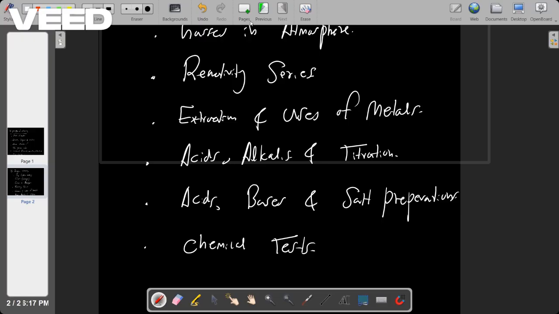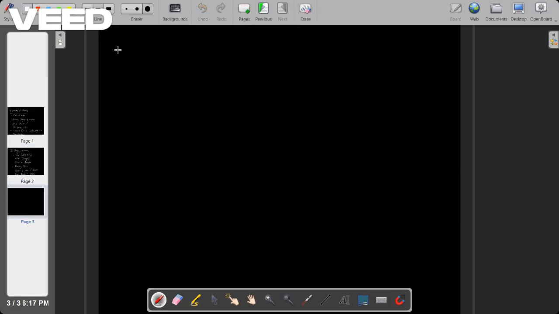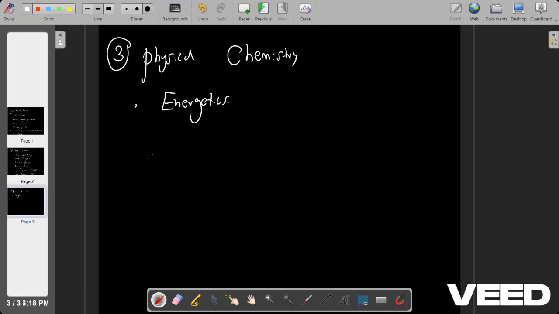Then by the time you move on to grade 10, we are learning physical chemistry. Right, under physical chemistry, we are learning about energetics, rates of reaction, then reversible reactions and equilibria.